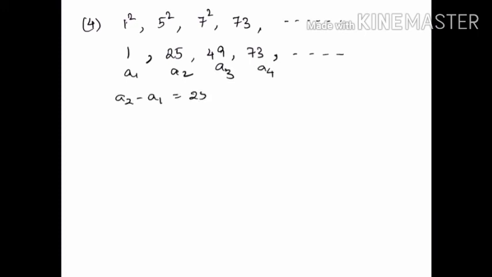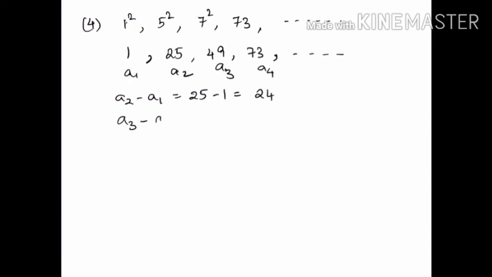Question number 4. Let us simplify each term. So we get 1, 25, 49, 73 and so on. Finding A2 minus A1, 25 minus 1, that is 24.